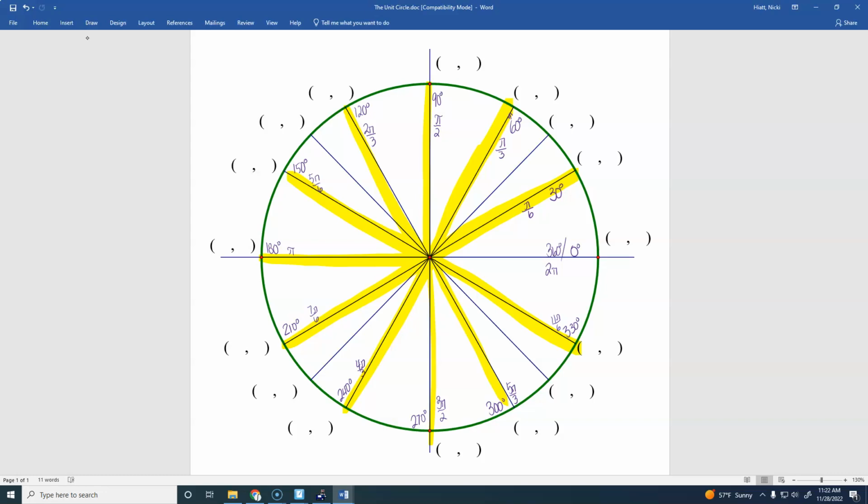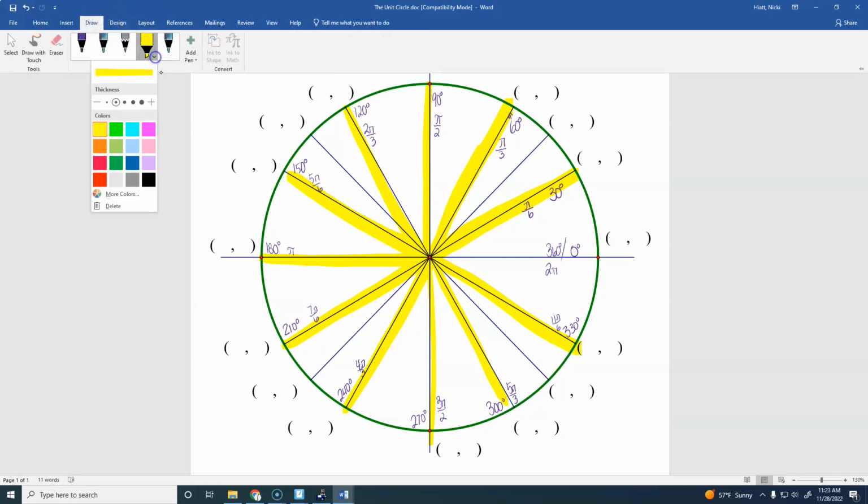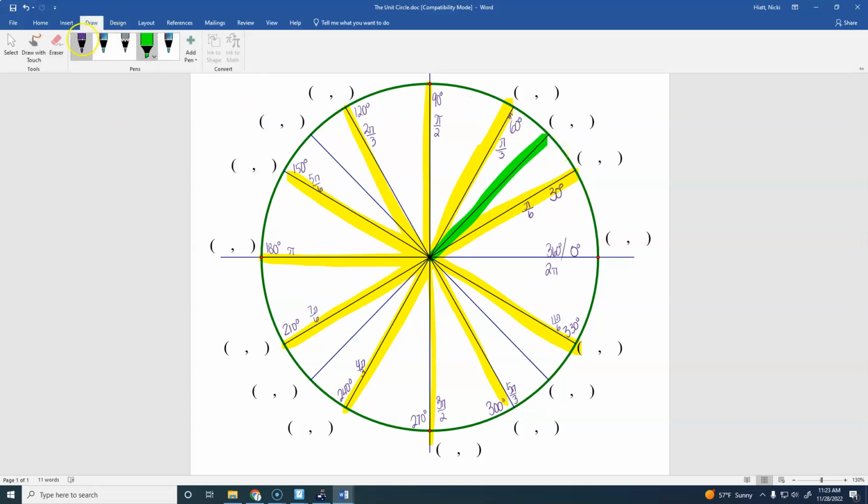Are we okay here? We got degrees, we got radians, but we still have 4 that we have skipped, right? So let's think about this one right here. If this is 30 and this is 60, what's halfway between? 45.